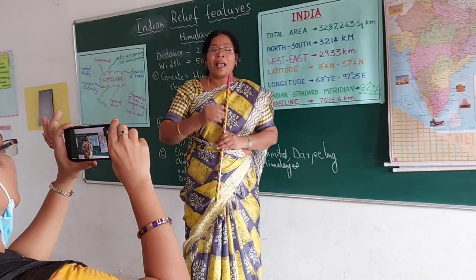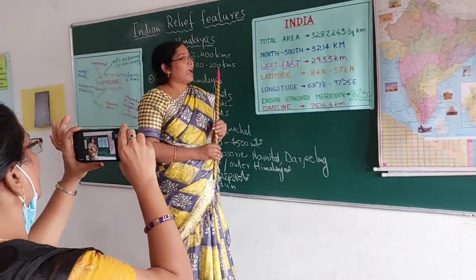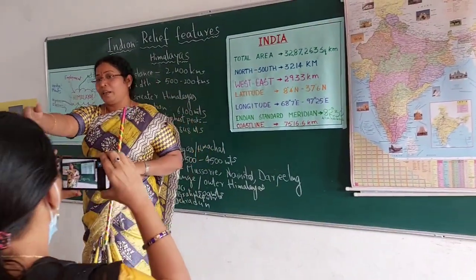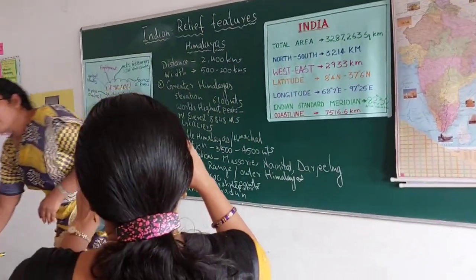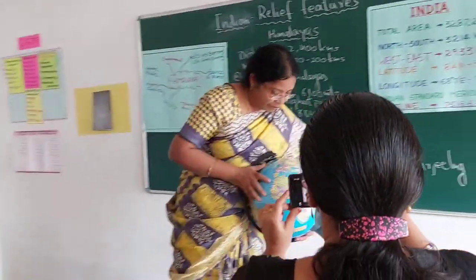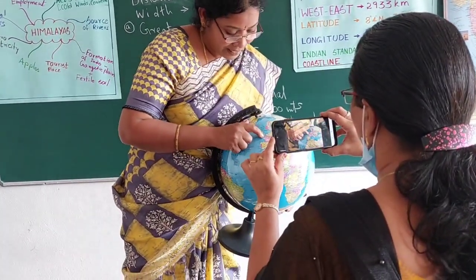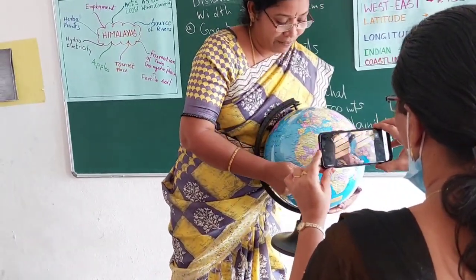Like this, if we take every longitude, there will be 4 minutes of time. If you calculate from Greenwich longitude, get me the globe. Here you can see this is England, London. So this is 0 degrees Greenwich longitude.